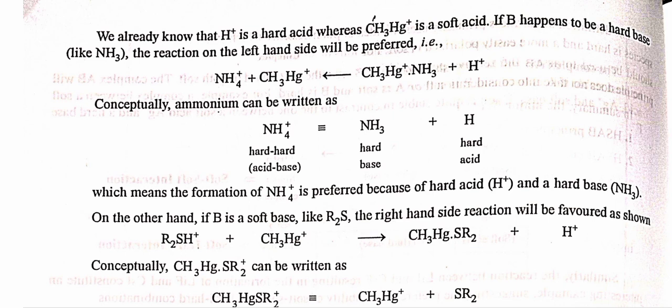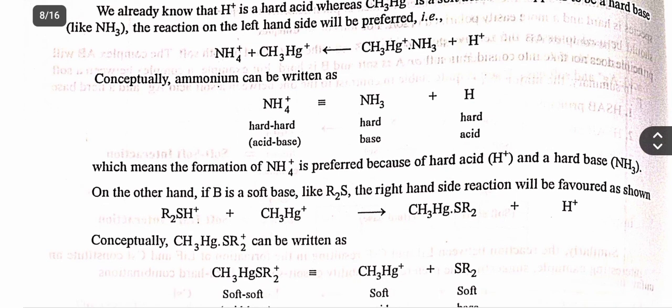If B happens to be a hard base like NH3, the reaction on the left hand side will be preferred. Consequently, ammonium can be written as NH4+, hard NH3 hard base plus H+ hard acid, which means the formation of NH4+ is preferred because of a hard acid and a hard base.